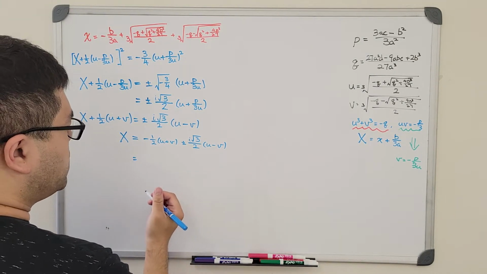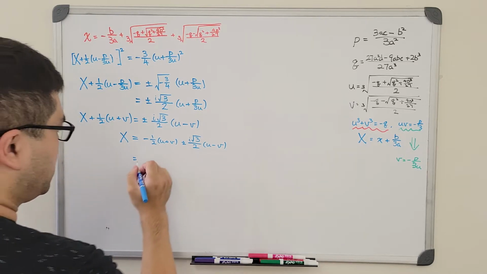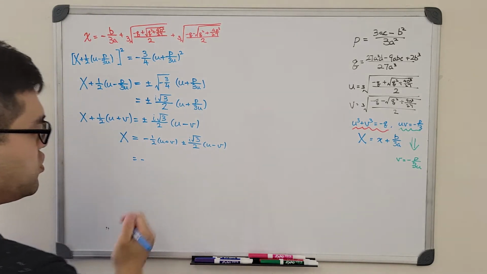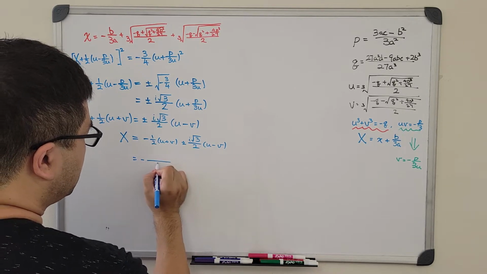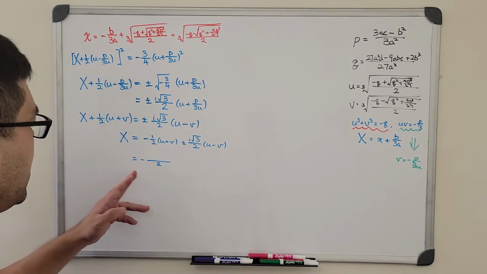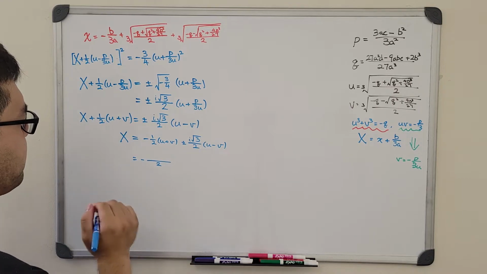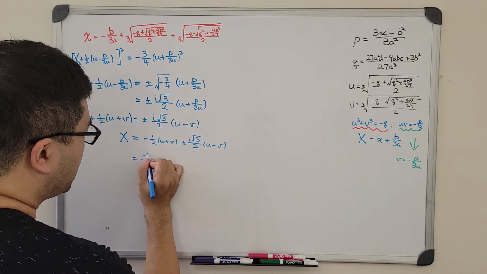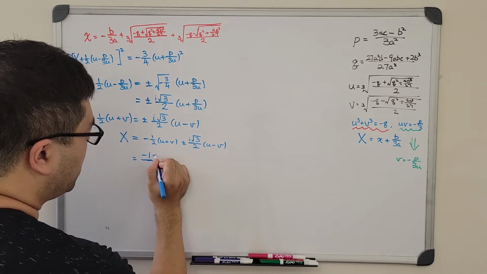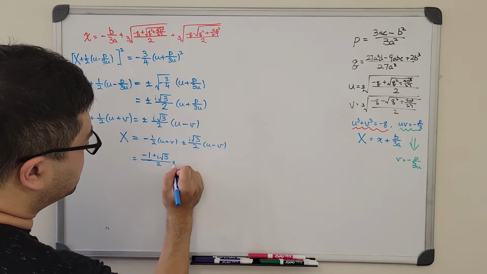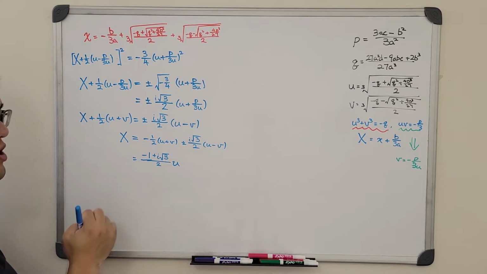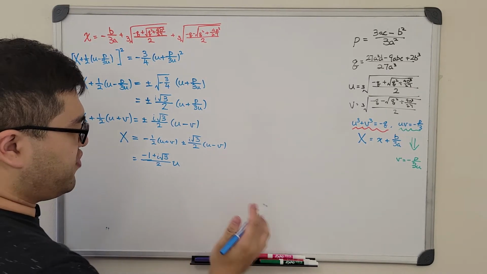And that is going to give us two solutions. First, we're going to get (-1 plus i radical 3) over 2 times u. We're now trying to combine the like terms in terms of u and v.